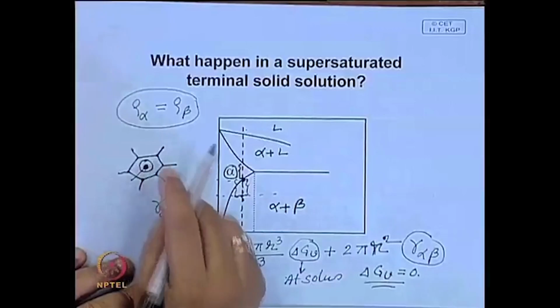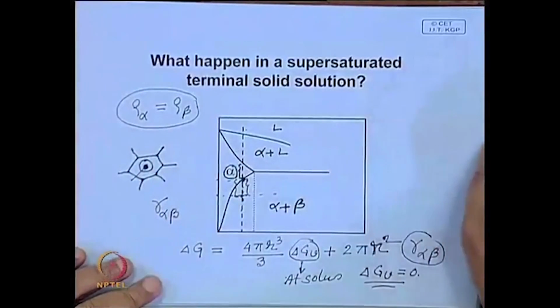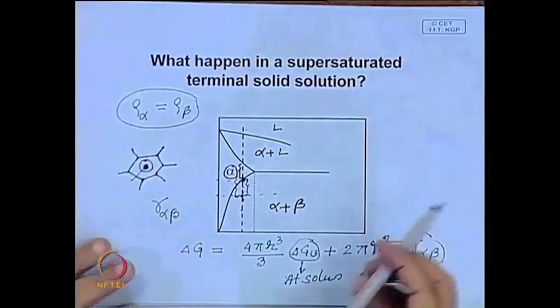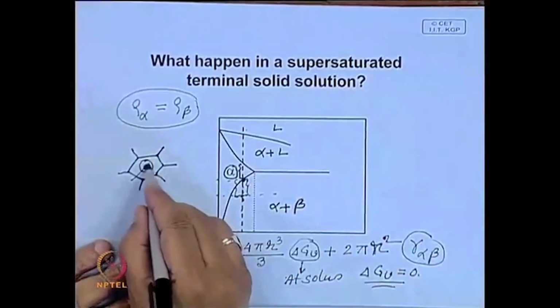There is a slight difference between solidification and precipitation. When we looked at solidification, there also we applied the same principle to explain why supercooling is necessary, but in this case there is a slight difference.